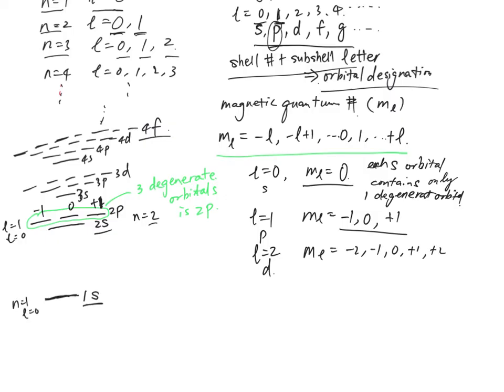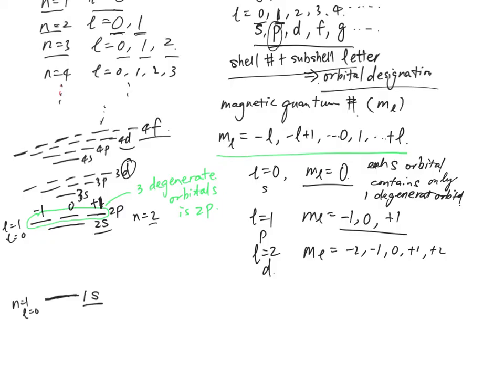All the d subshells have 5 splits. 3d has 5 degenerate orbitals, 4d has 5, and 5d, 6d, 7d would all have 5 degenerate orbitals.